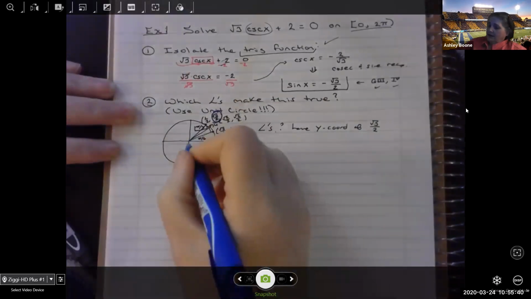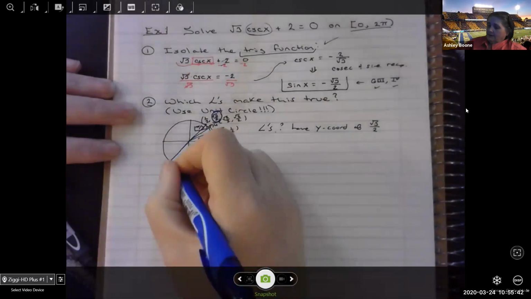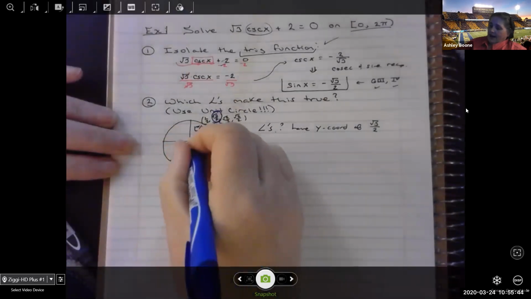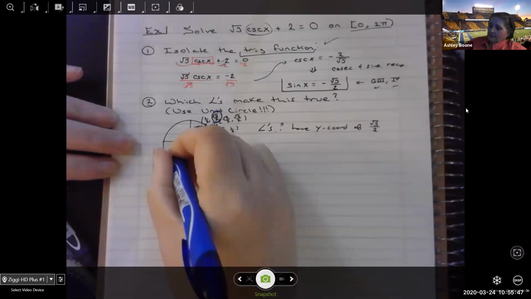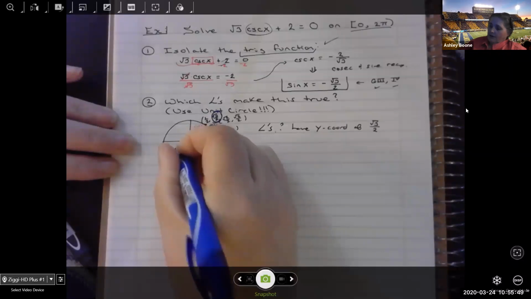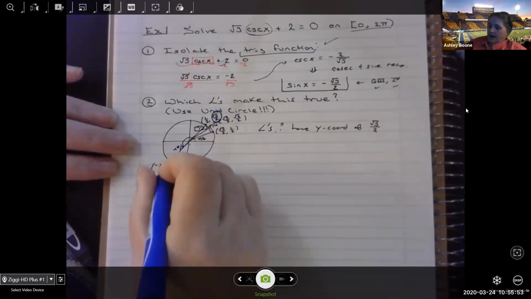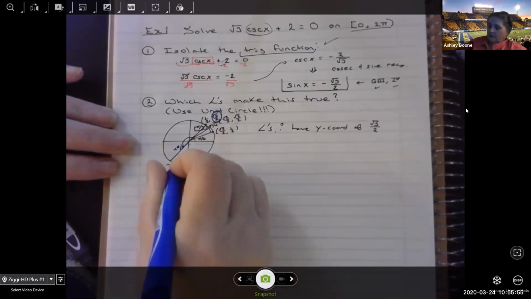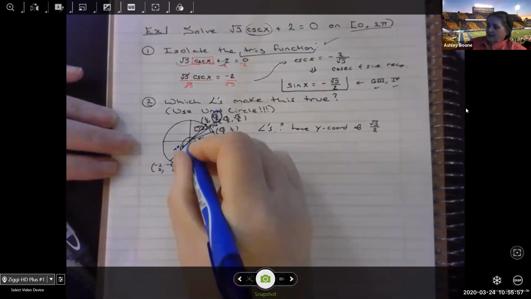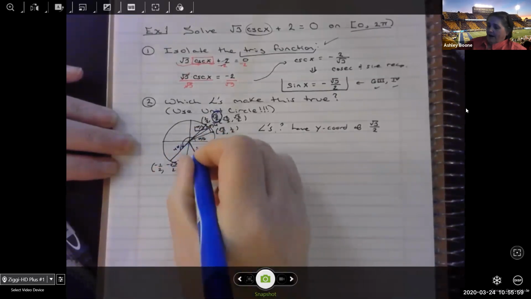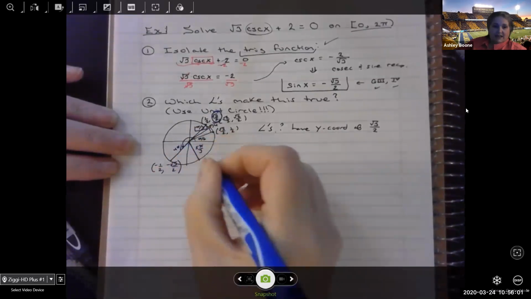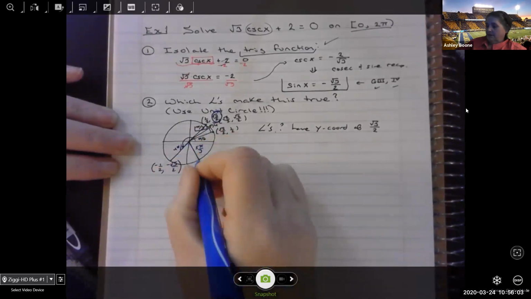So down here at the angle 4 pi over 3, that's the ordered pair -1/2 and -√3 over 2. And then down here at 5 pi over 3, I know the sketches are not great there, not to scale.